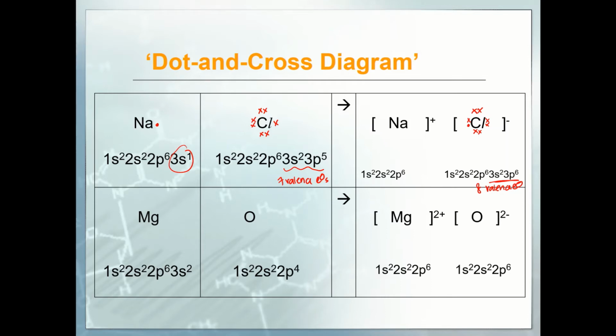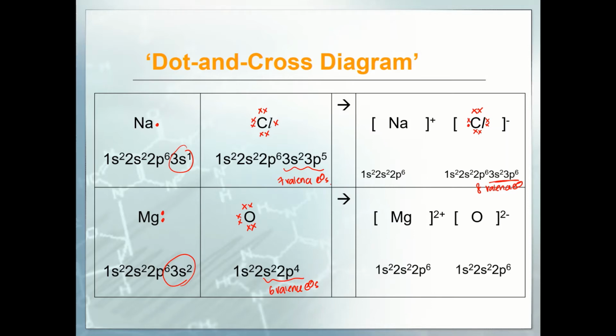Likewise for magnesium oxide, magnesium has 2 valence electrons, so we draw 2 dots to represent them. Oxygen has 6 valence electrons, so we draw the 6 valence electrons like that. What happens here is that magnesium transfers 2 electrons to oxygen.